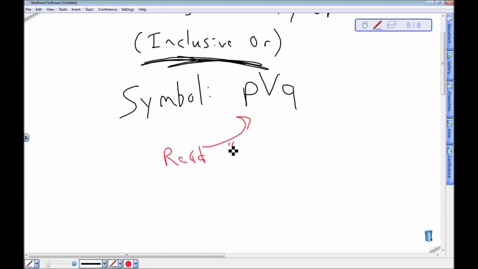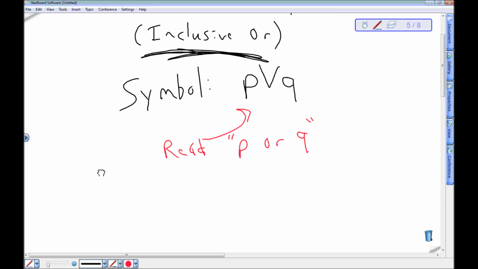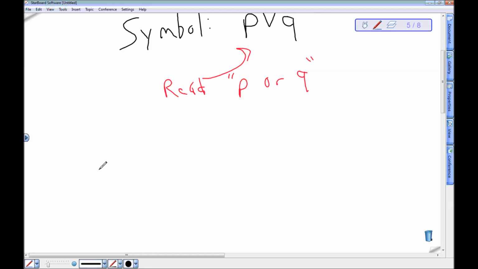This is read, P or Q. Okay, so P or Q means P or Q or both are true. And the words here that mean disjunction, we really just use or. Or is the only word in the English language that's commonly used that means this thing, that means the inclusive or.